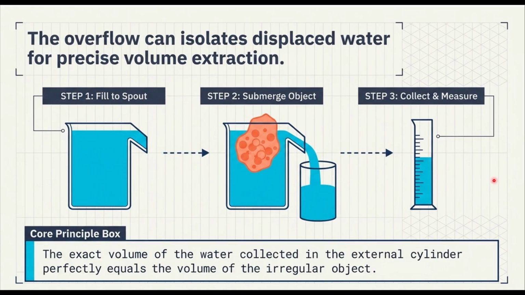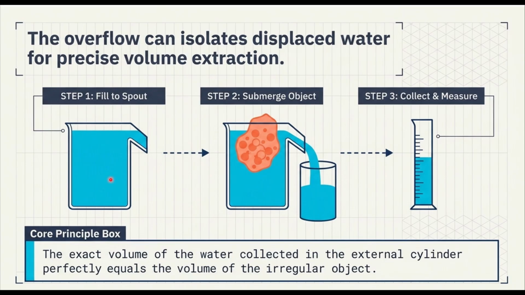Now let's see the other one, that is the overflow method. When an object is too large for a measuring cylinder, not all objects can be measured using the cylinder, right? So we can use an overflow can. Okay, this is an overflow can. First you have to fill the water till the top.